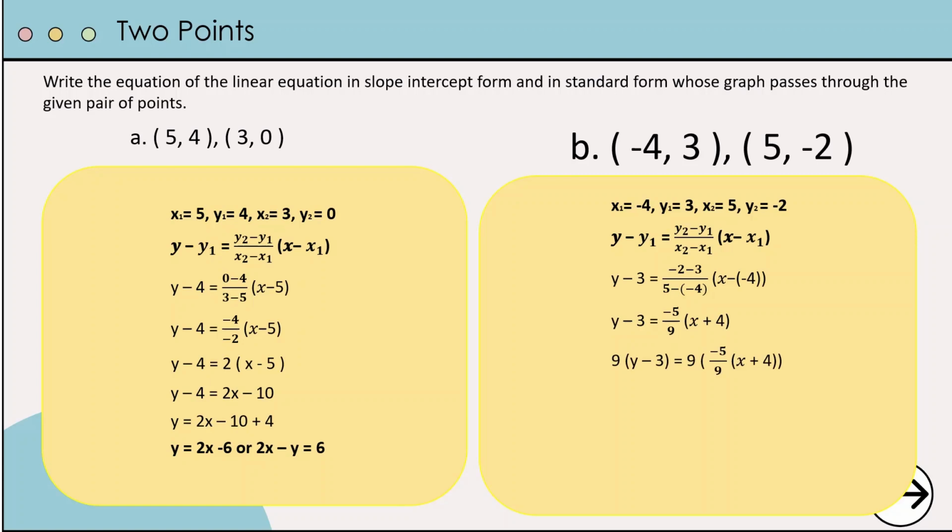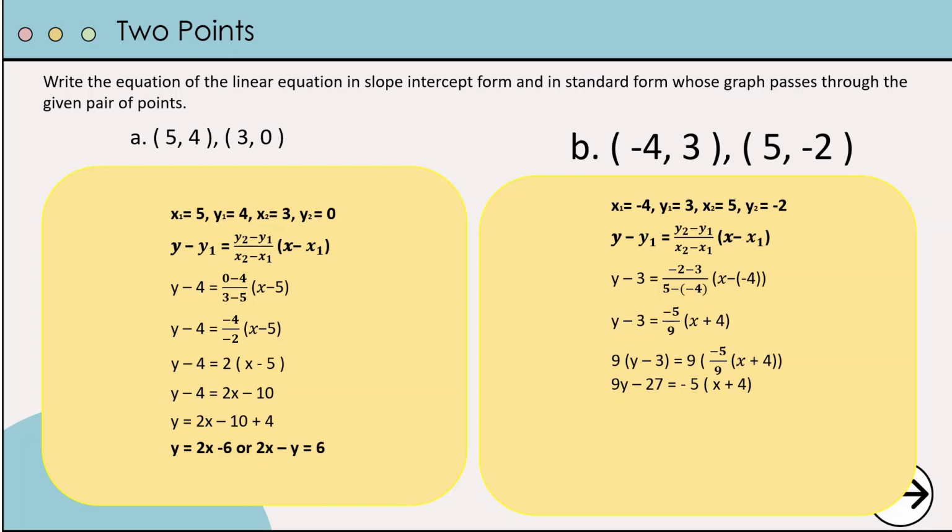And we get 9 times (y minus 3) equals 9 times negative 5 over 9 times (x plus 4). We simplify. We distribute 9 to the left side of the equation. So 9 times y becomes 9y, and 9 times negative 3 becomes negative 27. Now let's go to the right side of the equation. We can cancel 9.